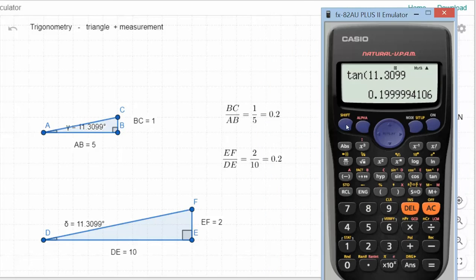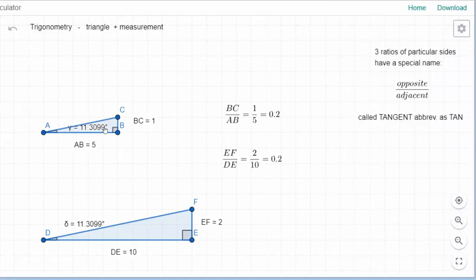And the reverse situation is, let's say you want to find the angle, well, you just type inverse tan 0.2, type in the ratio, and you get 11.309. Okay, so that's a basic introduction to trigonometry, the concept of trigonometry.